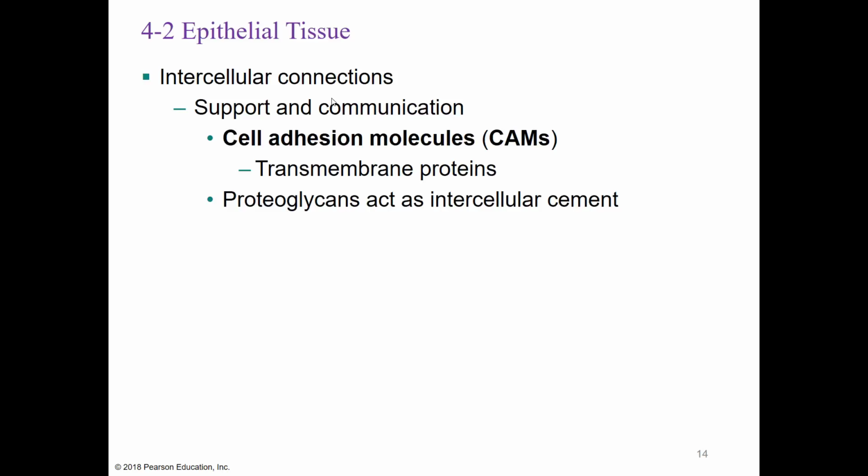They are created by cell adhesion molecules, or CAMs, which are a type of protein that connect the cells at their membranes. Proteoglycan acts as an intercellular cement. So this is kind of like a glue that holds the cells together. Sticky substance.